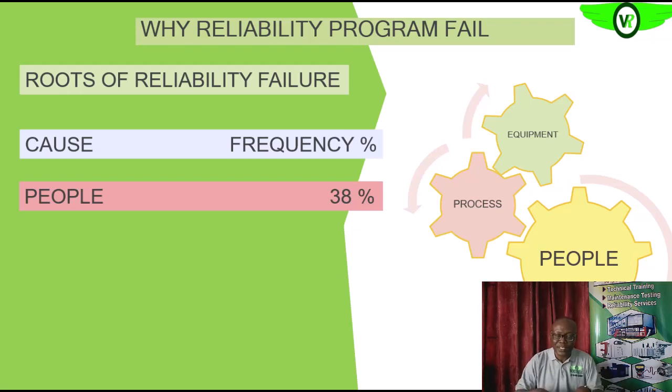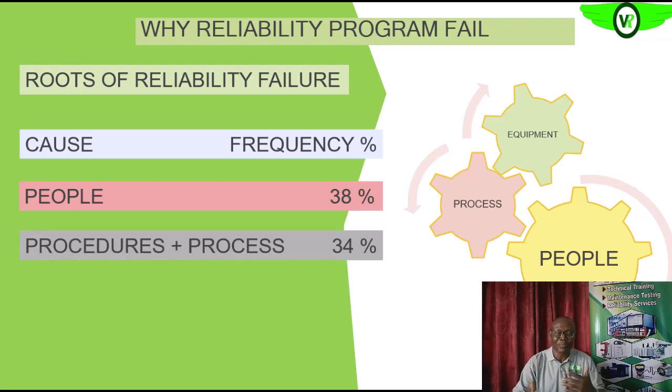While the process, that is the steps you take during operations, or even the procedures that you undertake during maintenance, all of those contribute to 34% of the unreliability that we have in most plants.